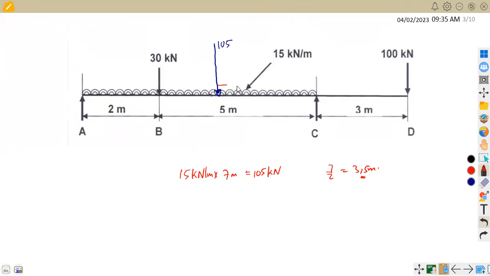From this point up to point C we now have 3.5 meters, and from point A to the point of the 105 kilonewton load we also have 3.5 meters.